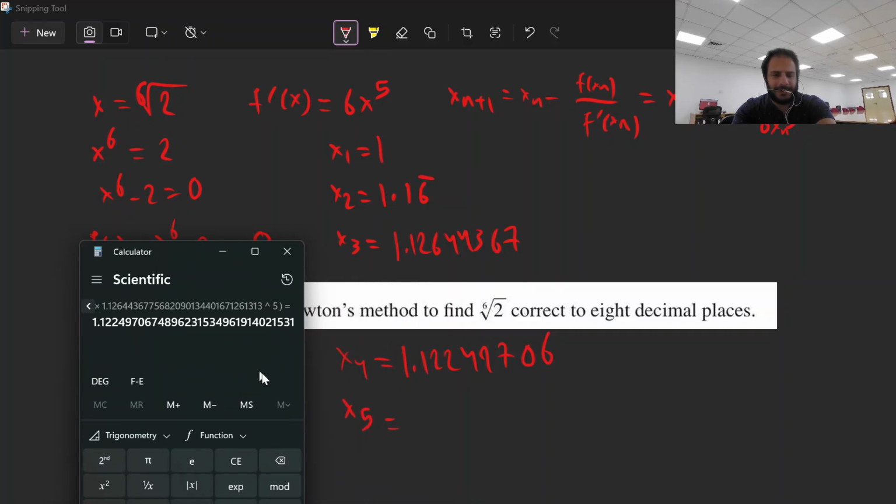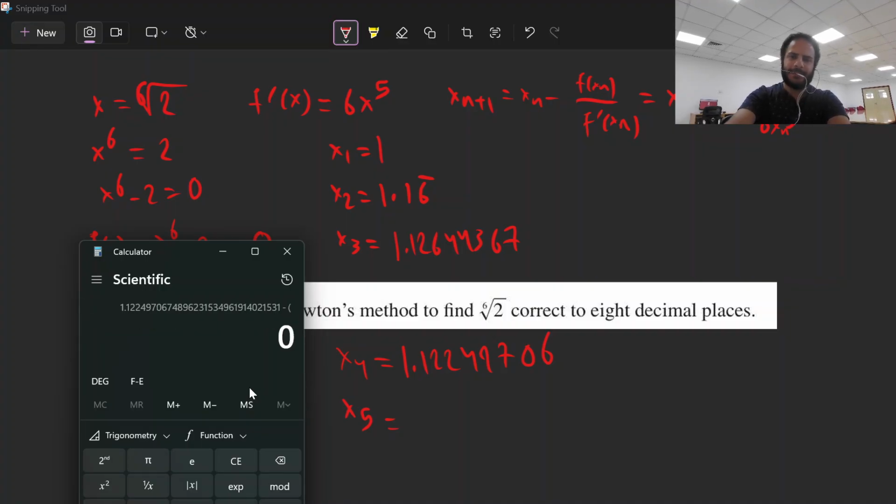Now control C, minus open parentheses control V power 6 minus 2 close the parentheses divide open parentheses 6 times control V power 5 close parentheses.